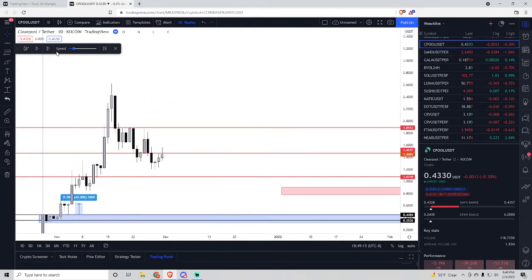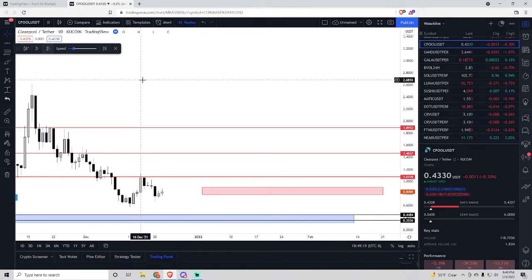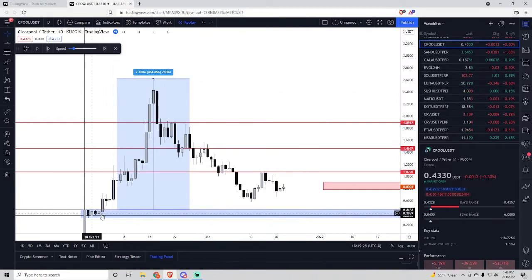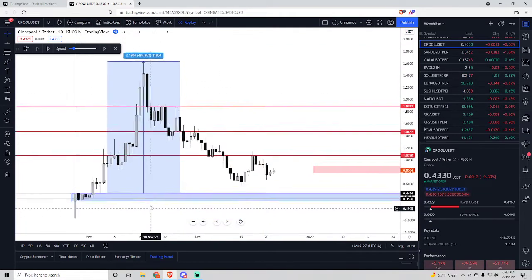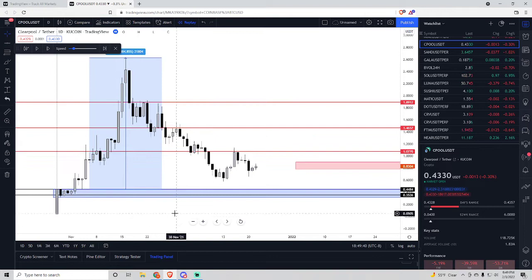And then at the end, it was like what, a 468% move, right? Something like that. So this demand zone is still valid by my definition because 50% of it was not fulfilled. So you can milk this demand zone over and over again until 50% is filled, right?